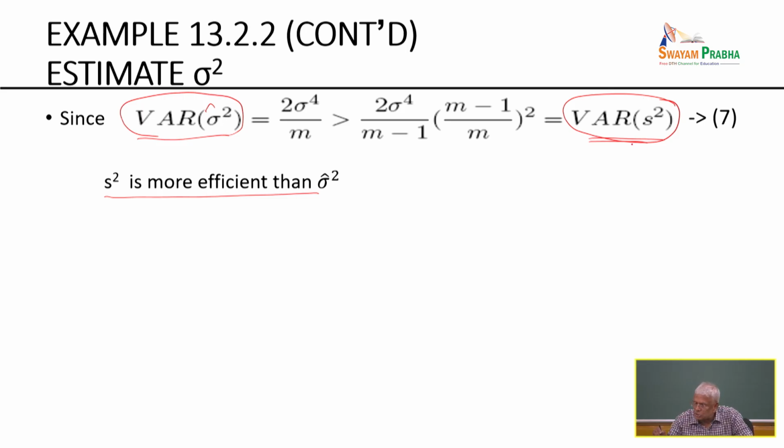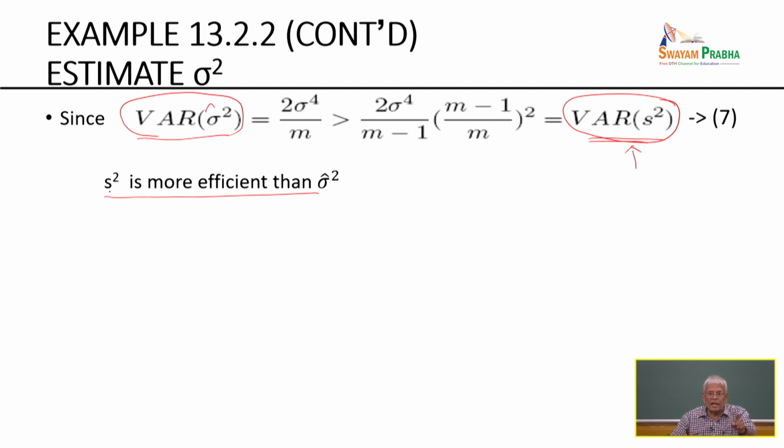So even though this is biased, its variance is less than the previous case. So s square is more efficient than the estimate sigma hat square.